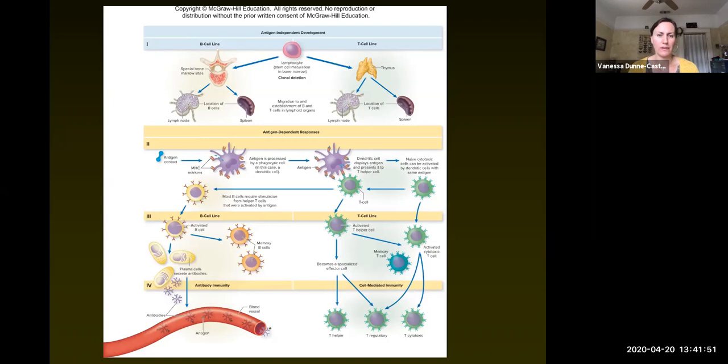We'll do a brief reminder when we get to that point on immunoglobulins and how they look in their different regions. These guys finish their negative selection in the bone marrow, and then as long as they're not self-reactive, they leave the bone marrow, which is the primary lymphoid organ, and then they circulate through the blood and migrate to the lymph nodes or spleen or other secondary lymphoid organ.